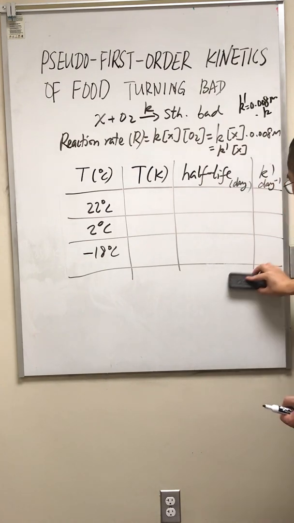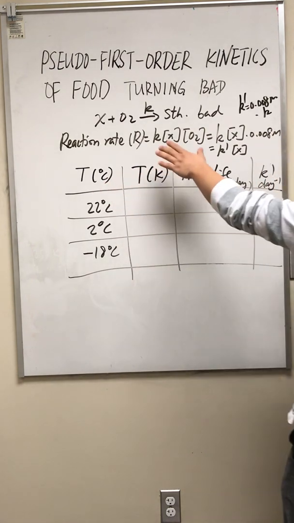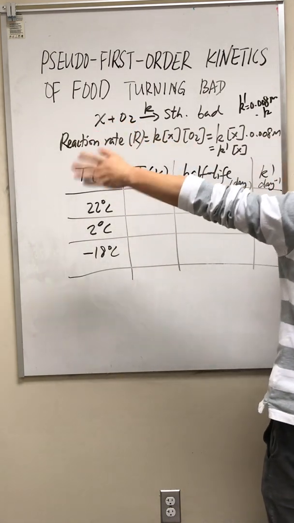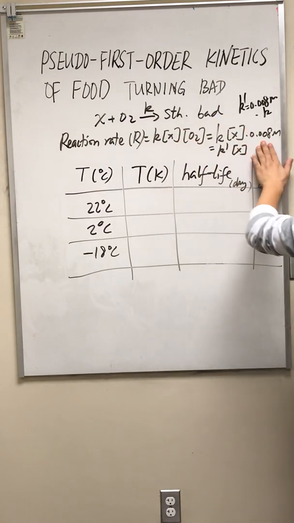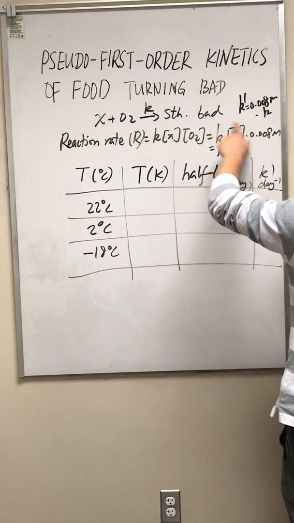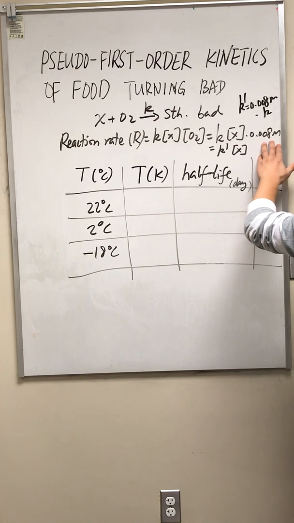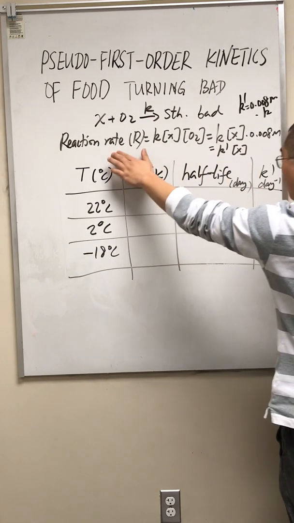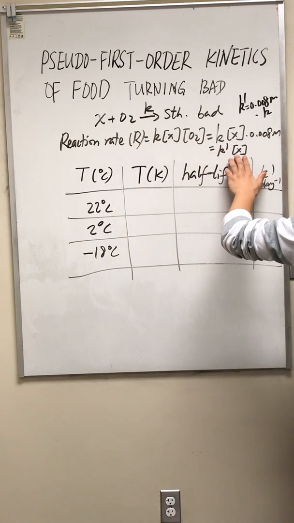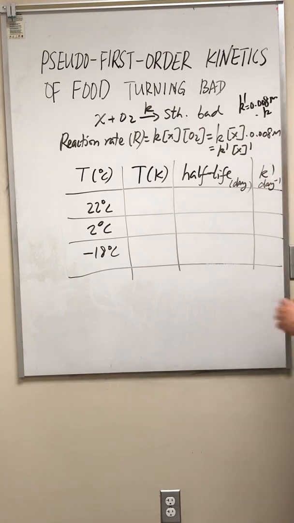We're going to assume this concentration doesn't change throughout the reaction. So, again, I want to emphasize this. It's a second order elementary reaction, but because the concentration of one of the two reactants remains unchanged, we can combine this k and the constant concentration here. We can combine these two. And then we can tell that the reaction rate actually depends on the concentration of only one reactant, and it's a first order reaction.